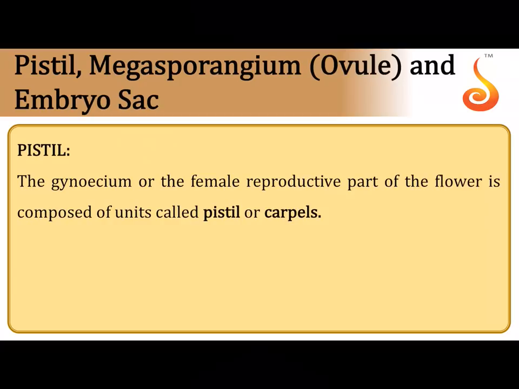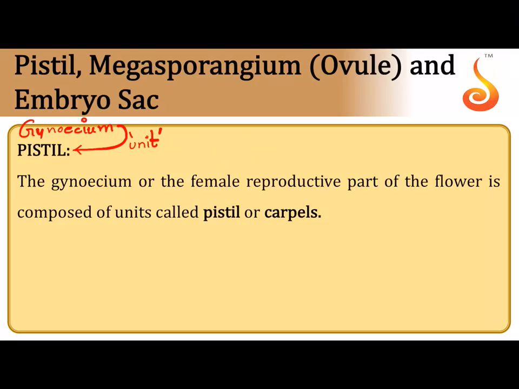Now in this lecture, we will be discussing the female part of the flower. What is the female part of the flower? It is referred to as the gynoecium, and the unit of the gynoecium is referred to as the pistil or the carpel. Just like in the male part, we called it the androecium and the unit of the androecium was the stamen.